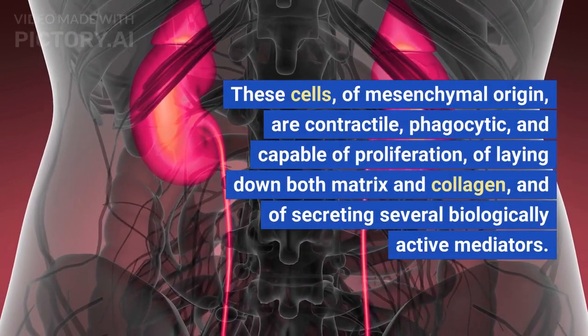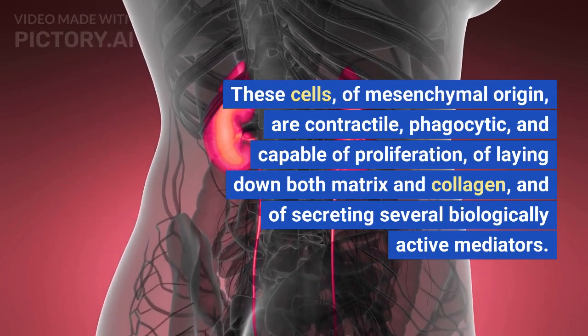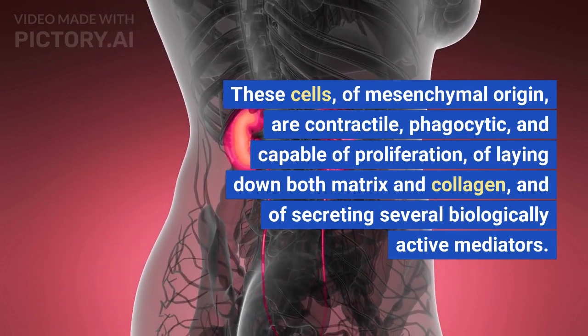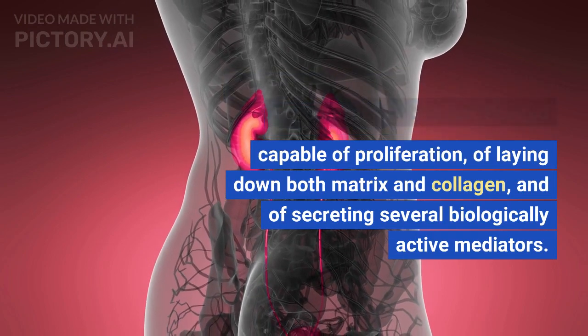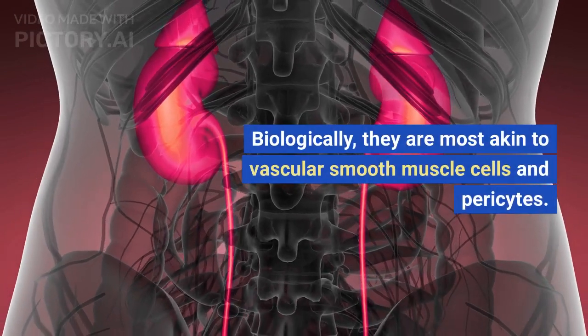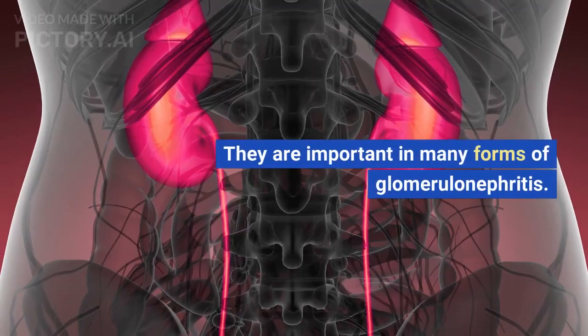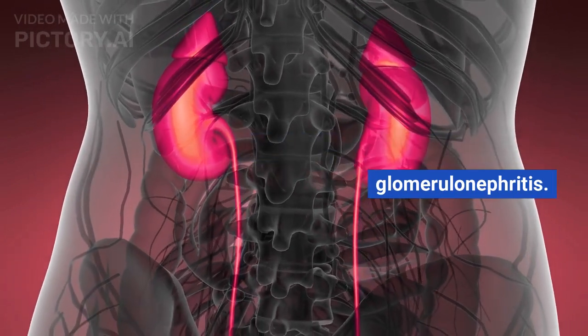These cells, of mesenchymal origin, are contractile, phagocytic, and capable of proliferation, of laying down both matrix and collagen, and of secreting several biologically active mediators. Biologically, they are most akin to vascular smooth muscle cells and pericytes. They are important in many forms of glomerulonephritis.